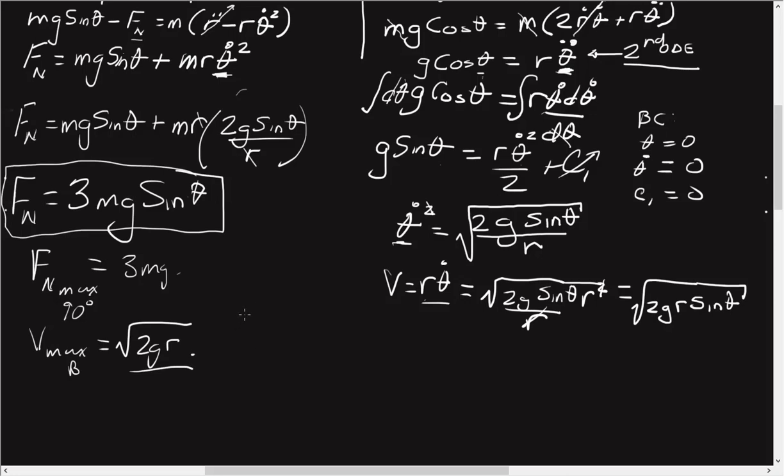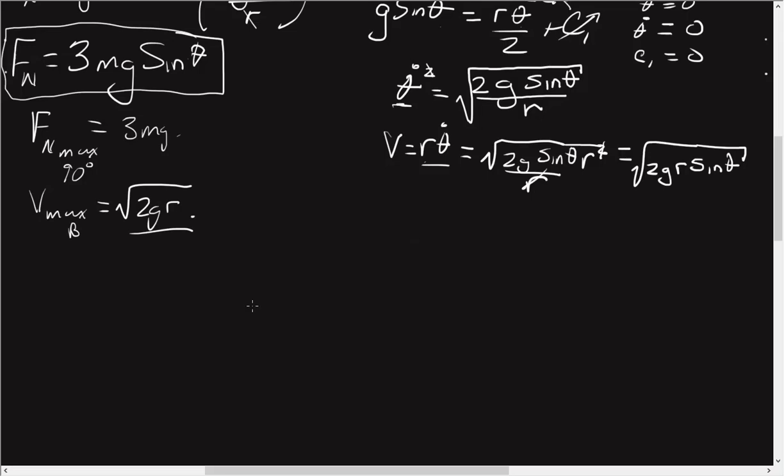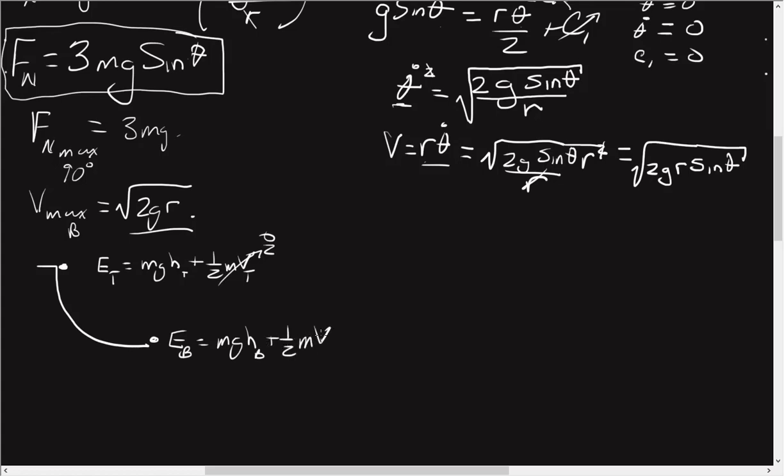Now, there was sort of a cute way that we could have done to check this. If we think of it from pure conservation of energy, the energy at the top is mgh top plus 1/2 m v top squared, of which it's not moving yet. And the energy at the bottom is mgh bottom plus 1/2 m v bottom squared.